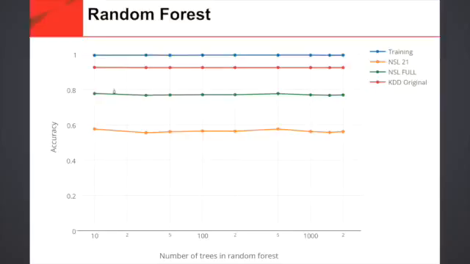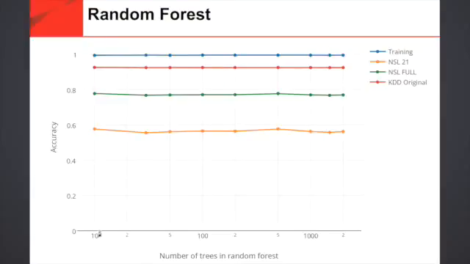For the other datasets, we can notice that the easiest one is the one provided by KDD. It's the original test set, and the random forest can perform at about 92% accuracy.